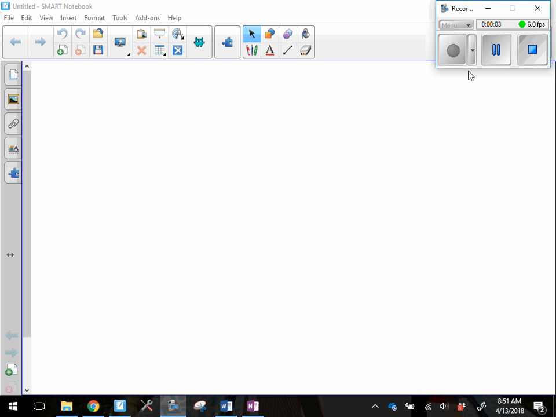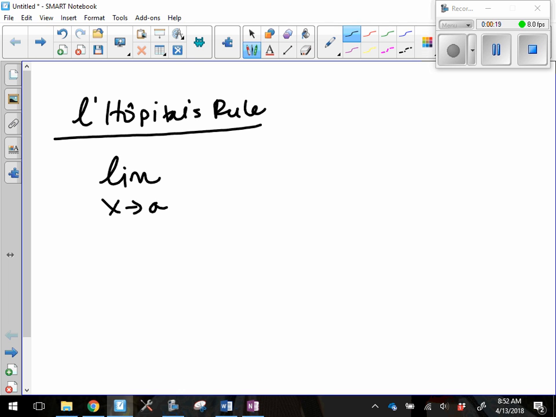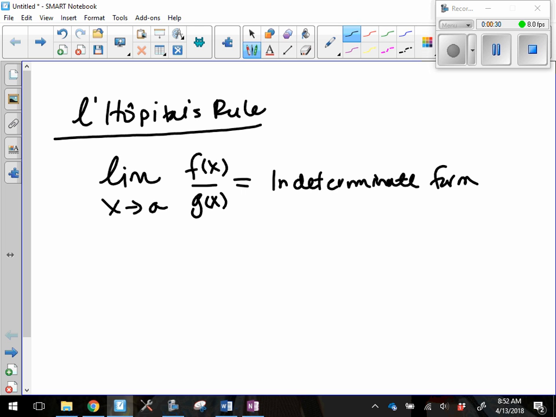Okay, so we're still working with L'Hopital's rule. Remember that L'Hopital's rule says that if I take the limit as x goes to some value of f of x over g of x, and that is equal to some indeterminate form, give me an example of an indeterminate form. 0 over 0.